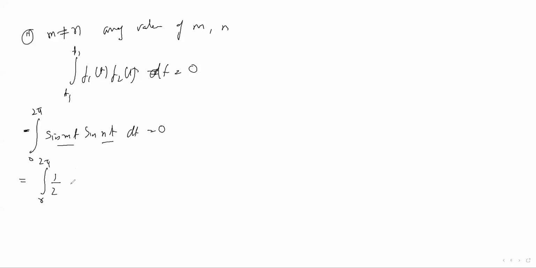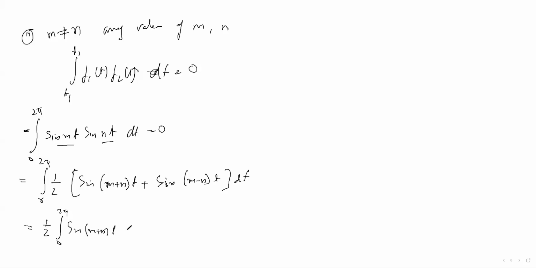So this equation you can write as half sin (m plus n)t plus sin (m minus n)t dt. Break the integration: half integral 0 to 2 pi of sin (m plus n)t dt plus half integral 0 to 2 pi of sin (m minus n)t dt.